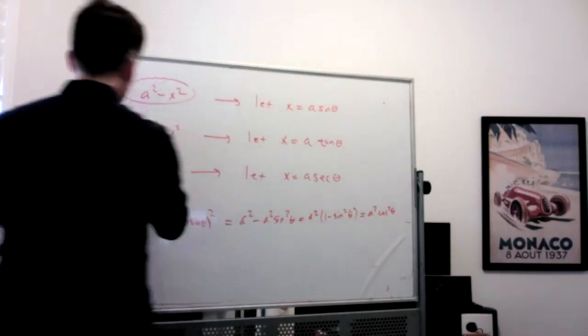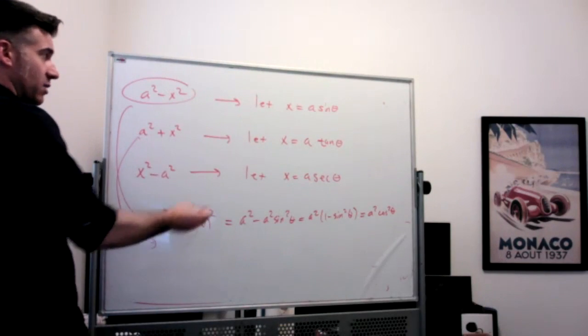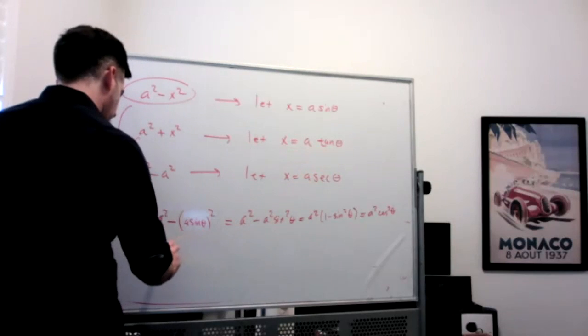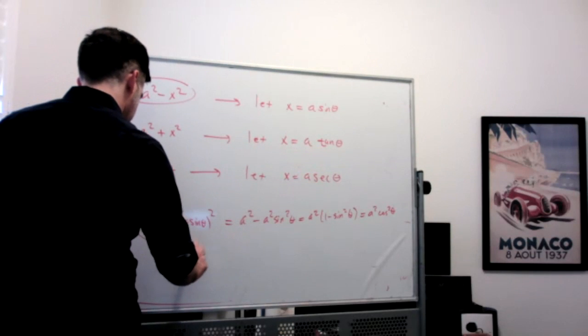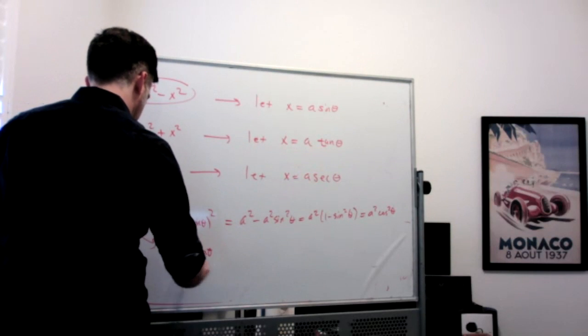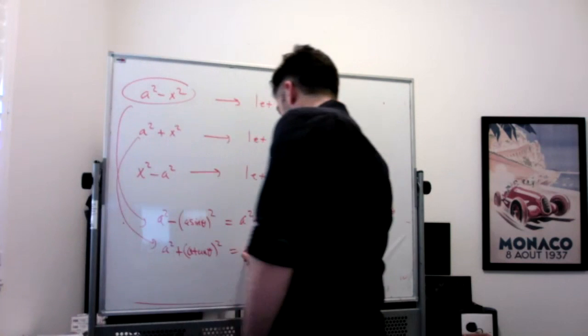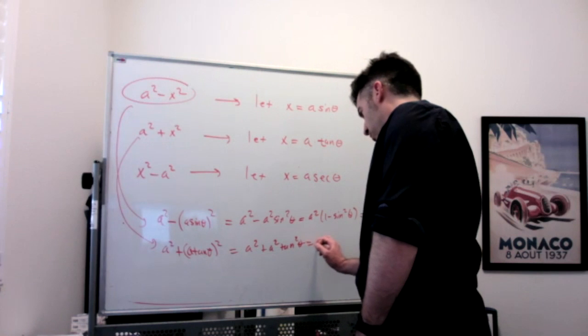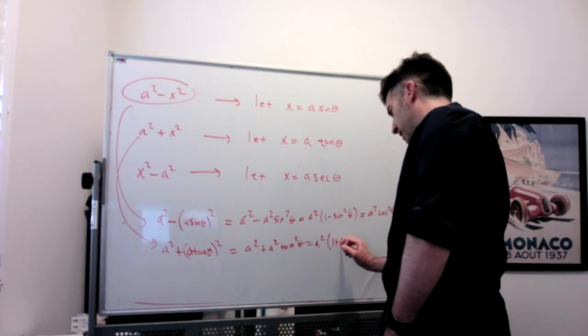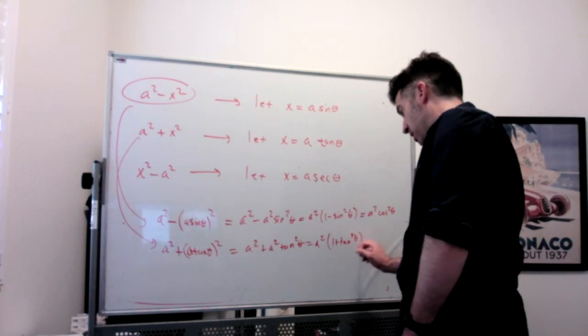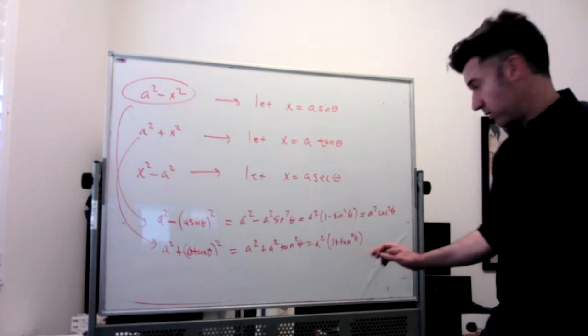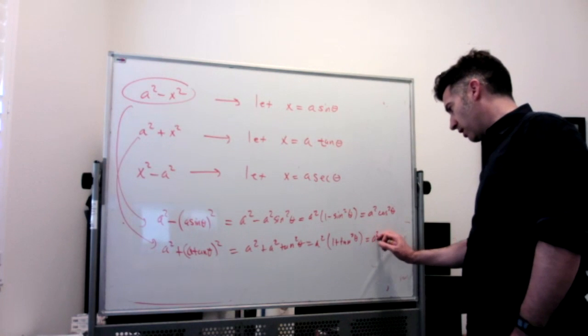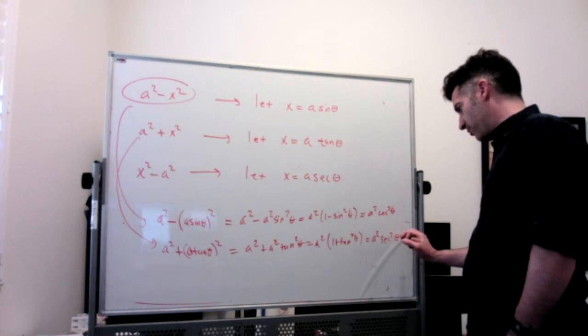For this one, same sort of thing. If you let x equal a tangent theta, you get a squared plus a tangent theta squared, which is a squared plus a squared tangent squared theta, which is a squared times 1 plus tangent squared theta. But 1 plus tangent squared theta is secant squared theta. So you get a squared secant squared theta.